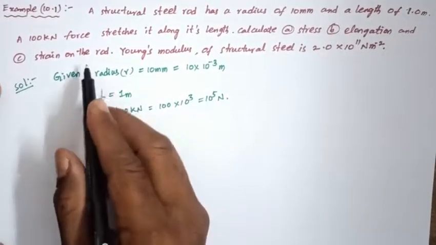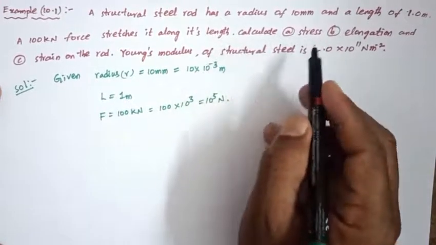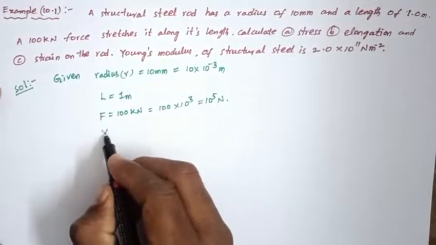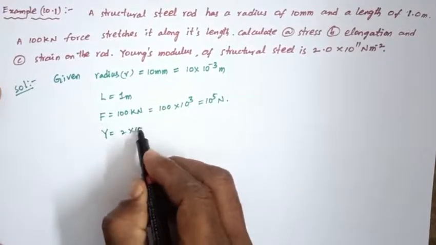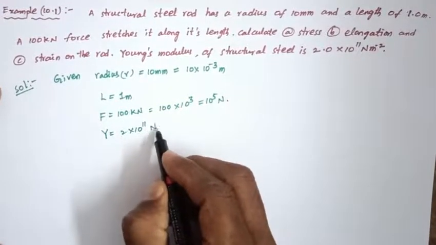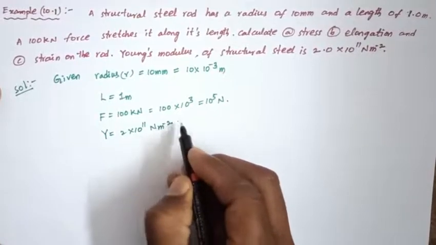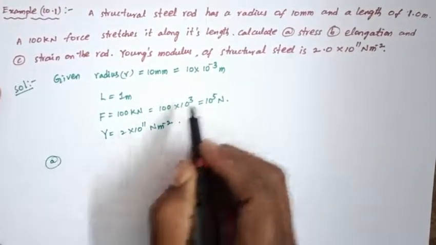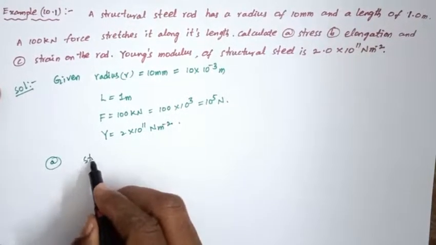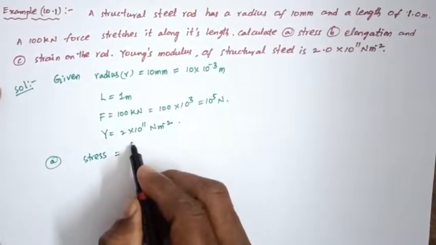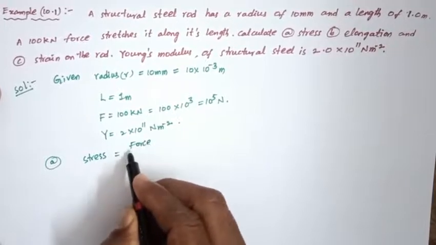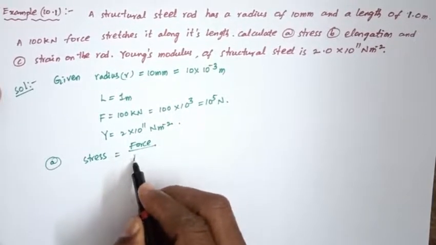Okay, now we will calculate. Young's modulus is given, Y equals 2 into 10 to the power of 11 Newton per meter square. So first of all, A, stress equals force, restoring force, by area.